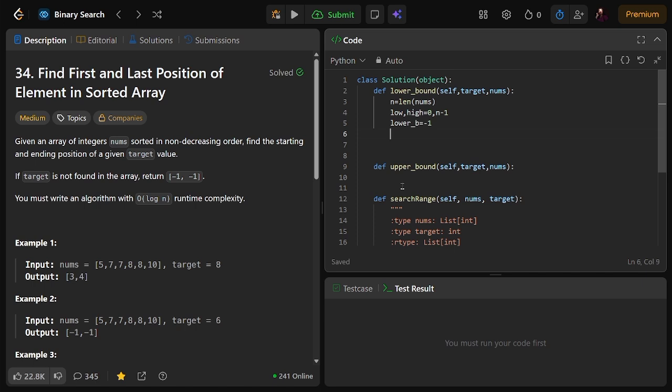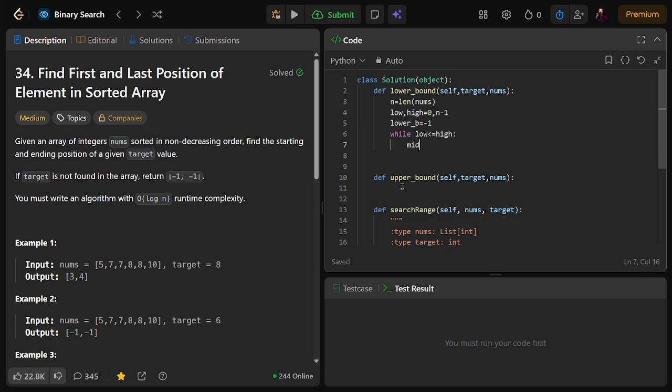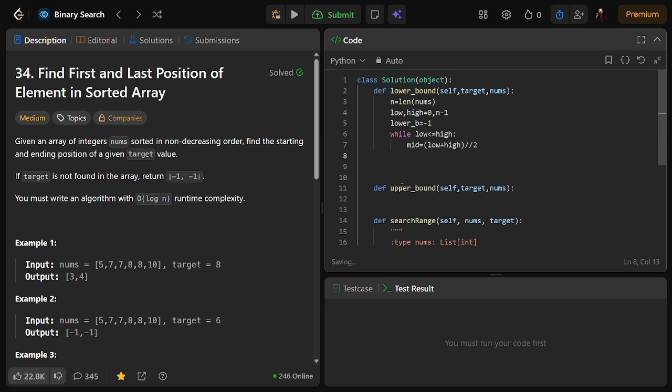So now we're going to do binary search while my low is less than or equal to high. We're going to find mid this time. So mid equals low plus high, with float division by 2. And now we're going to check if nums of mid is greater than or equal to target, which is the condition for lower bound.